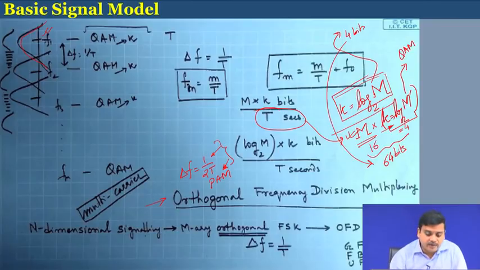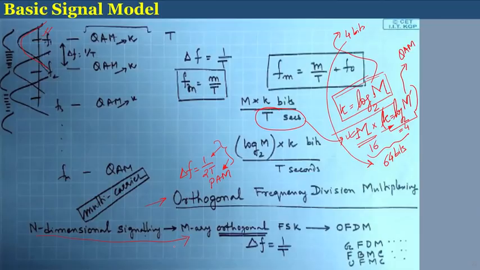So, going ahead further, what we see is that the n-dimensional signaling framework that we have studied gives rise to M-ary orthogonal FSK, which is a basis for the discussion of waveforms for the second generation system, as well as the basis for the discussion of OFDM, which is again a fundamental waveform for the fourth generation system.